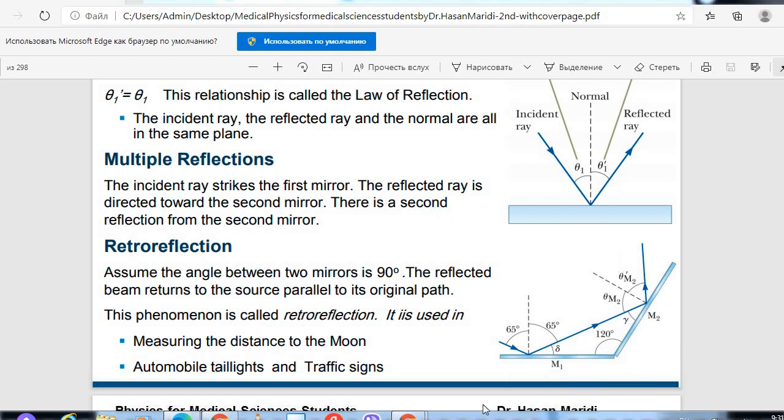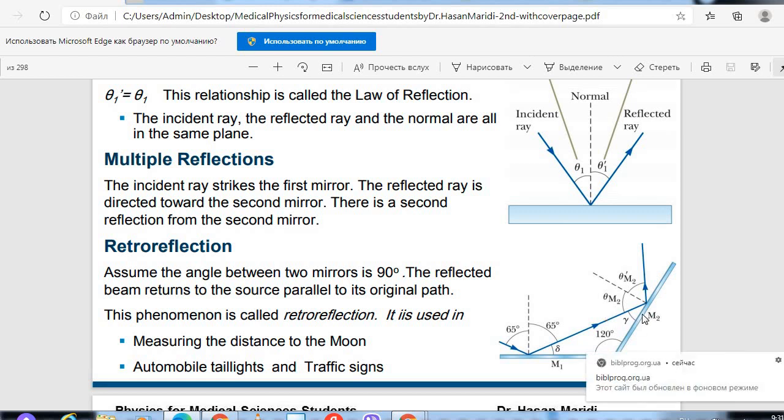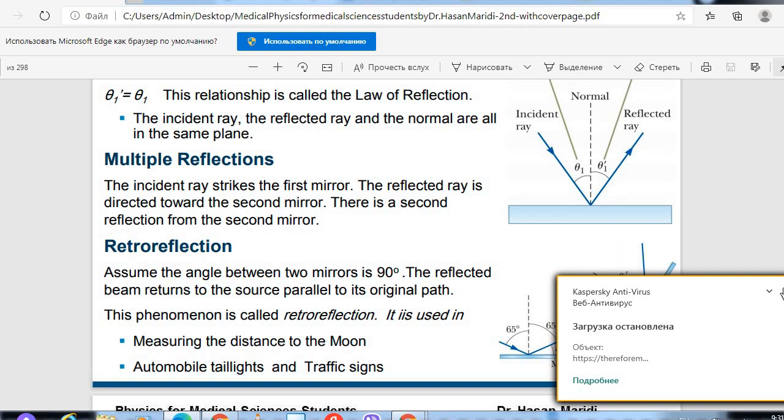It could be seen here in the picture, the lowest picture in the left bottom corner. There are multiple reflections. The ray is reflected from the first mirror, and the reflected ray is directed toward the second mirror. This is the second reflection from the second mirror.